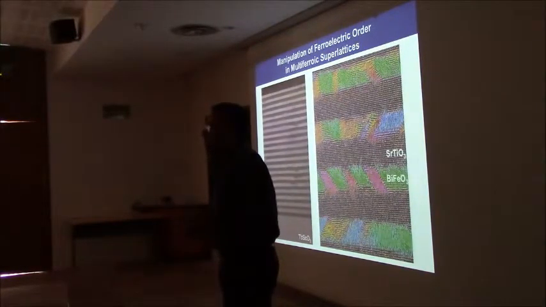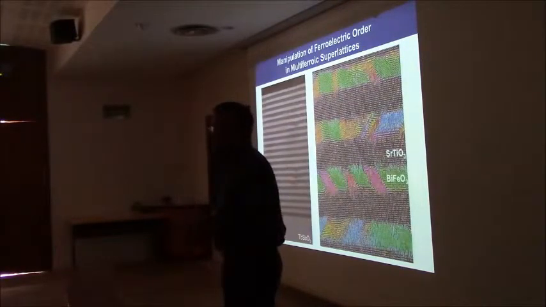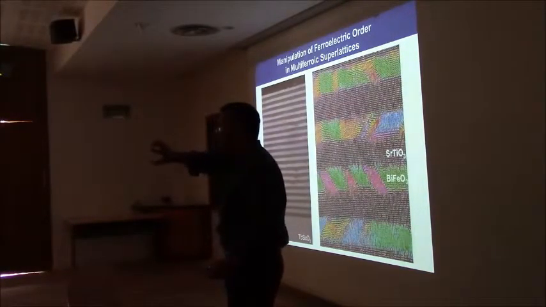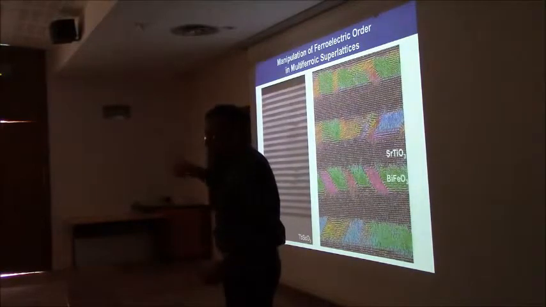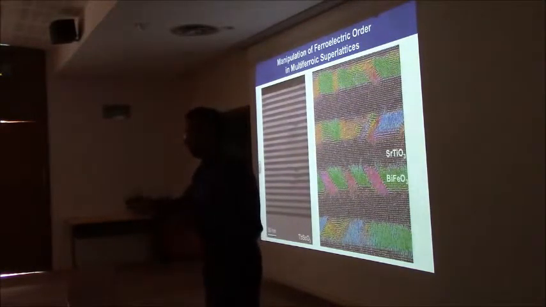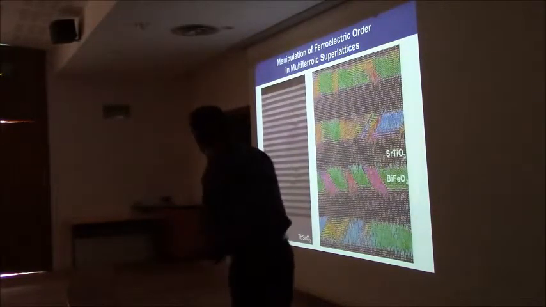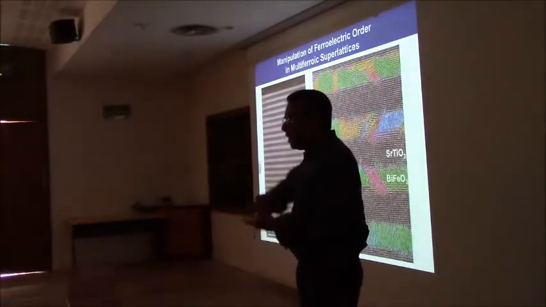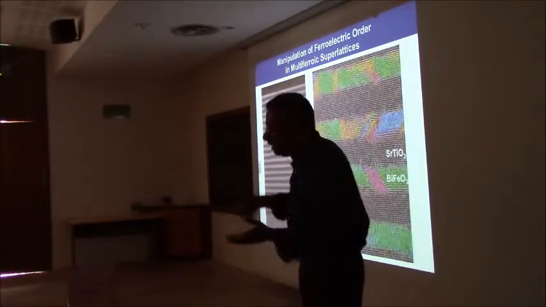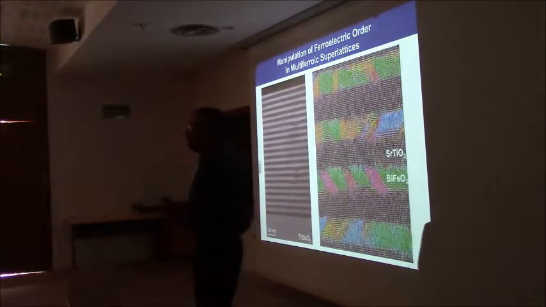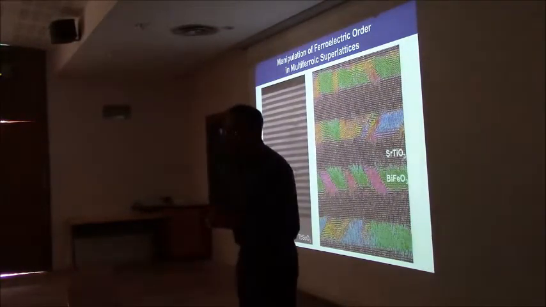So one of the things we were speculating yesterday was, okay, if I take my charged sublattice and rotate it by forming a vortex, will the spin sublattice follow? And it might. So if it does that, then you have a way of changing the canting angle in the bismuth ferrite system, and therefore change the magnitude of the canting moment.